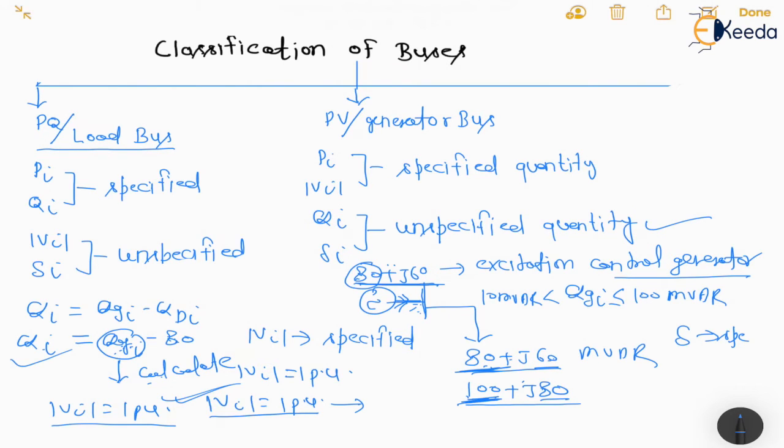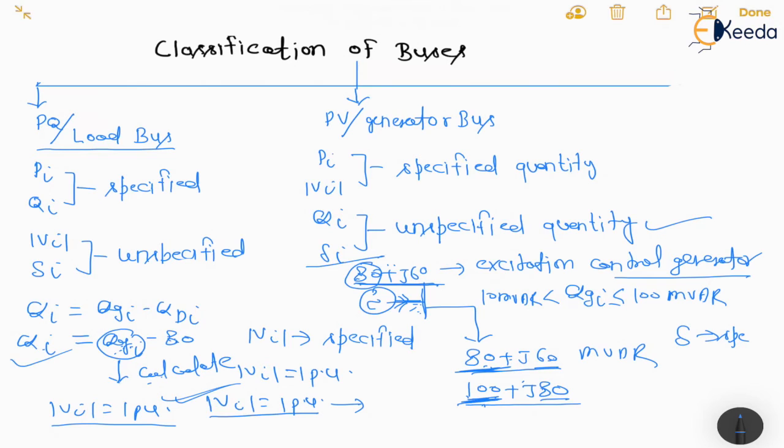This is not changing, so the demand will become 100. So what will happen? The active power is not matching, so delta will definitely change. So delta I have written as an unspecified quantity. Guys, always remember that in the case of the PQ oblique load bus or the PV oblique generator bus, if Pi is specified, delta i will be unspecified.